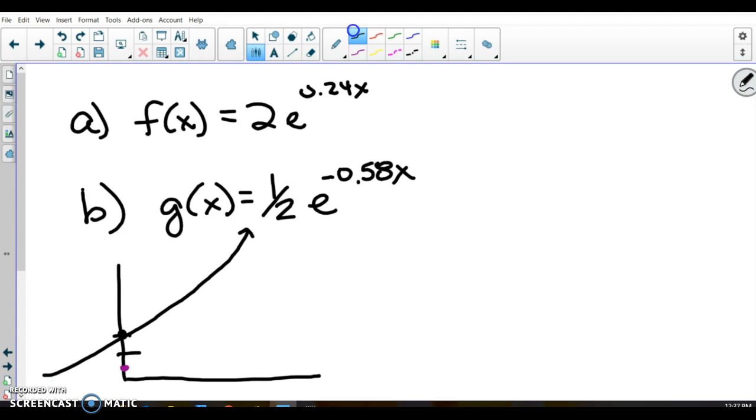And then when we look at our negative exponent, the conclusions you guys should be making is we have that different y-intercept and we have a decay. I'd like you to try exercise 47 and then come back and we'll talk about that. Please pause and work on problem 47 in your problem set.